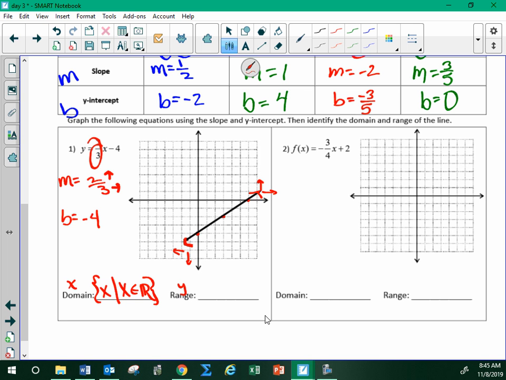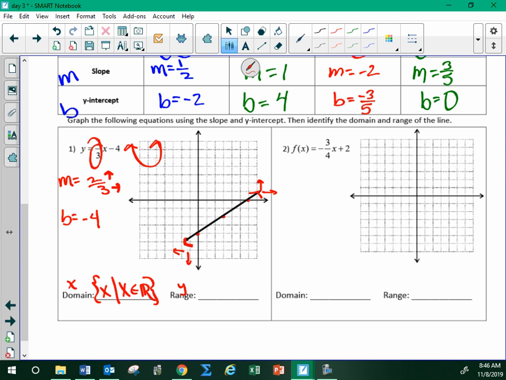If something has arrows going both directions, is it always all real numbers? You might have graphs where both arrows go up, like we've seen graphs that look like this. So it wouldn't be going down, it'd be going up forever. But we have up and to the left, up and to the right.